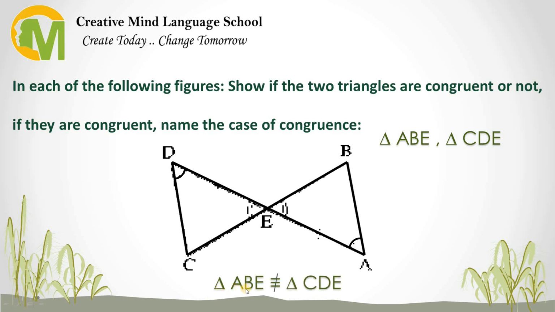So I should say that triangle ABE is not congruent to triangle CDE, insufficient data or insufficient information. Insufficient information means that the given information in this example is insufficient to prove congruency.